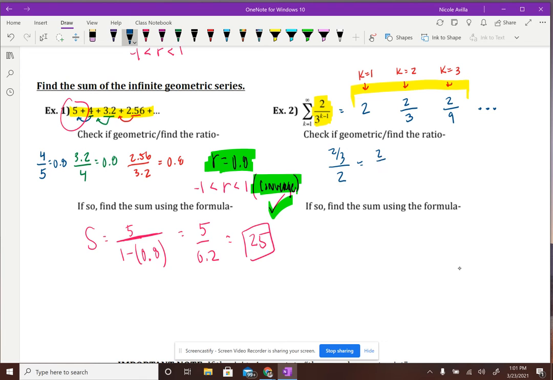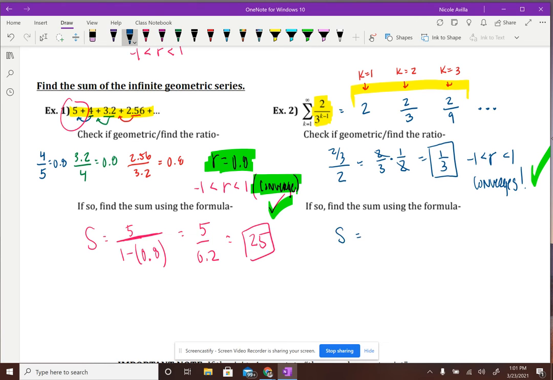I could also think of that as 2/3 times the reciprocal. So my ratio in this case would be 1/3. Since my ratio is between -1 and 1, I would say it converges, right? And that means I have the green light to go and find the infinite sum.